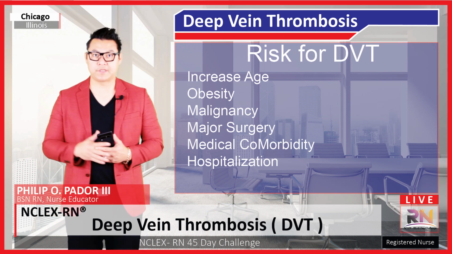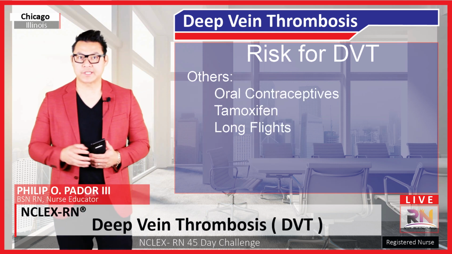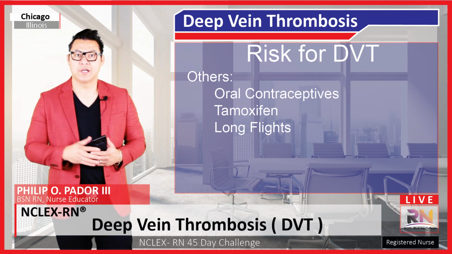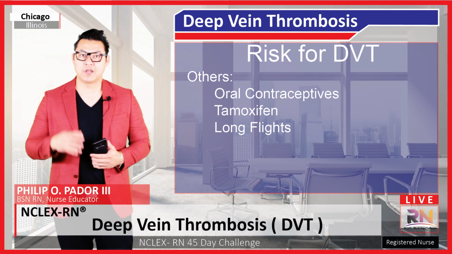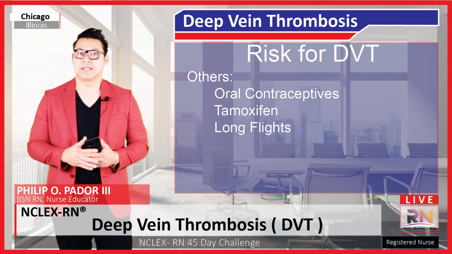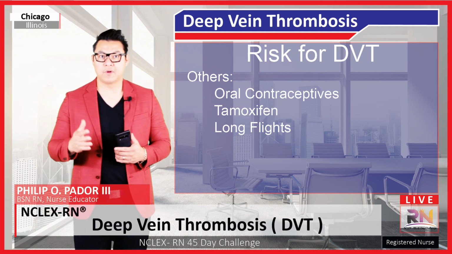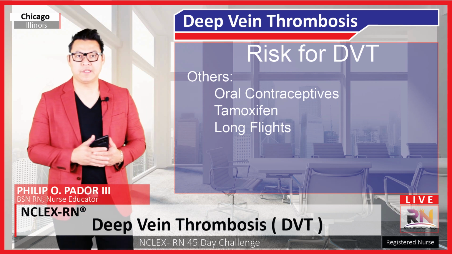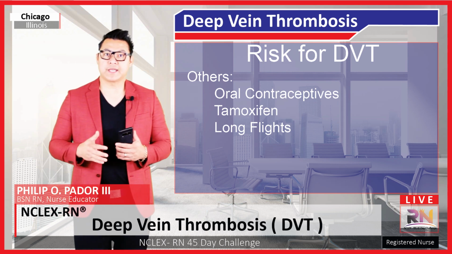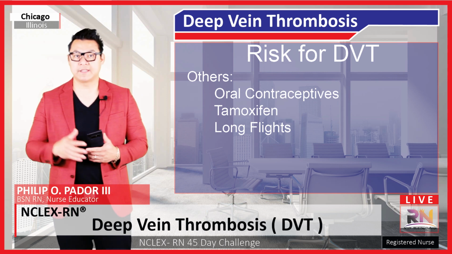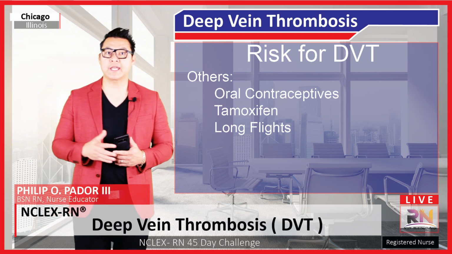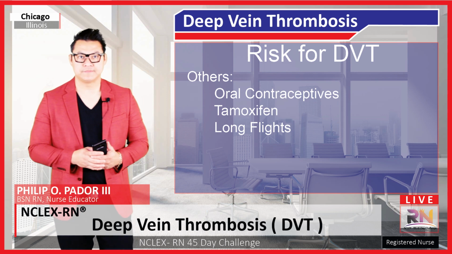Other risk factors include being on certain medications such as oral contraceptives and tamoxifen, and long distance flights. Genetics also plays a role in increasing the risk of DVT, including antithrombin gene mutation, protein C and S deficiency, and antithrombin deficiency.